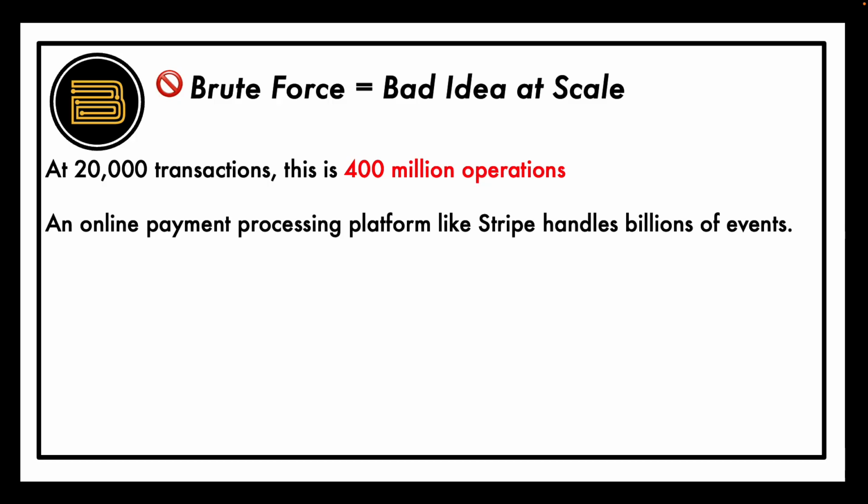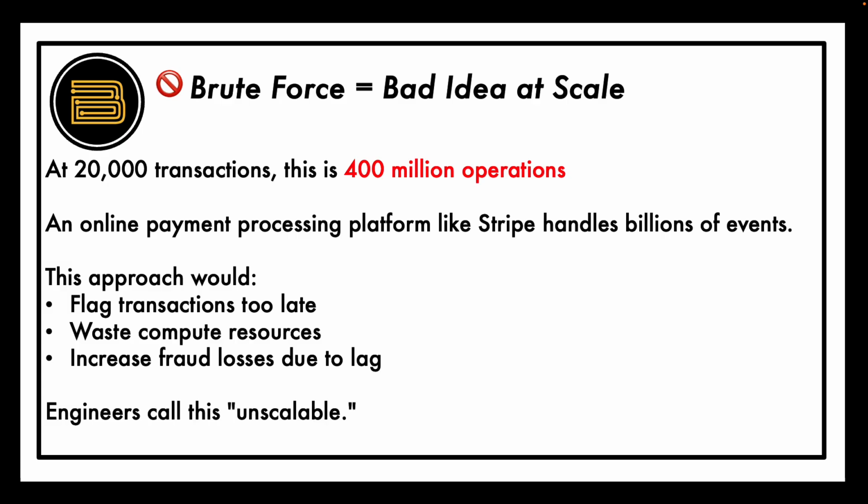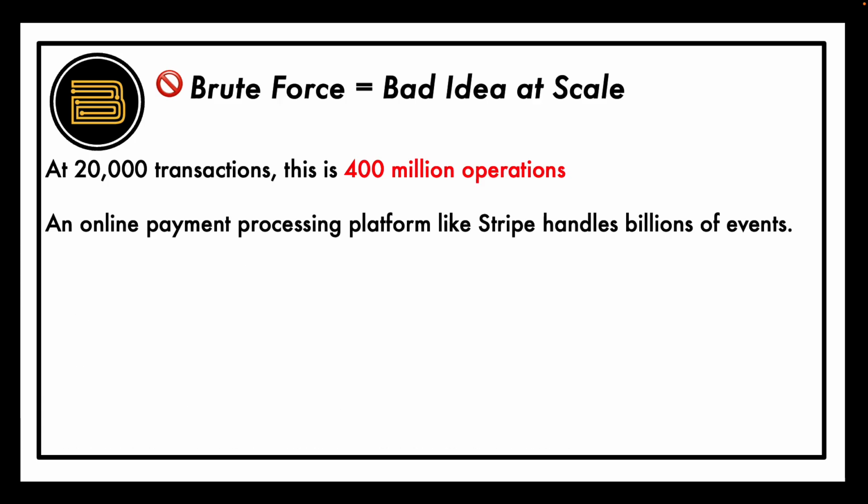An online payment processor like Stripe handles billions of events, and this approach would flag the transactions too late. It would waste compute resources and it could increase fraud losses due to the lag. Remember, an engineer would call this unscalable, and just because the code works does not mean it's usable.